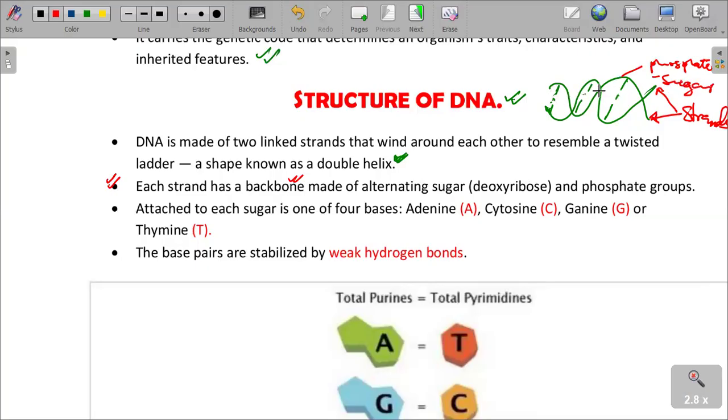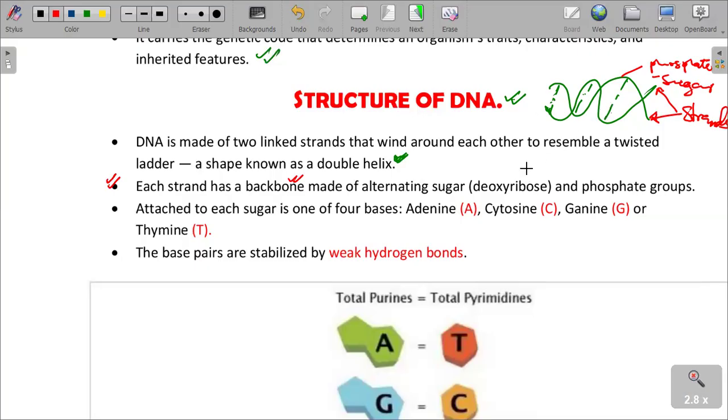They are the ones that form each of the strands that you are seeing. And then inside the strands, we have got nitrogen bases.